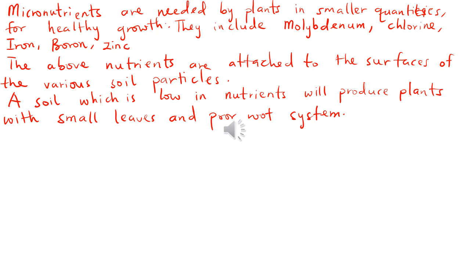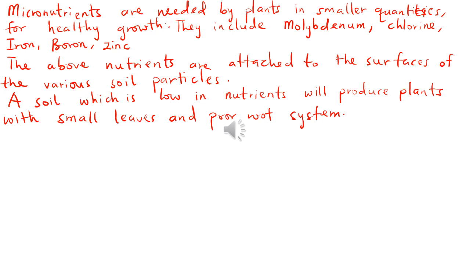Now, how? There will be a lot of nutrient absorption by the roots. The roots will be absorbing more nutrients, which will cause the entire plant to grow well, and it will yield the desired produce, which is the fruit.